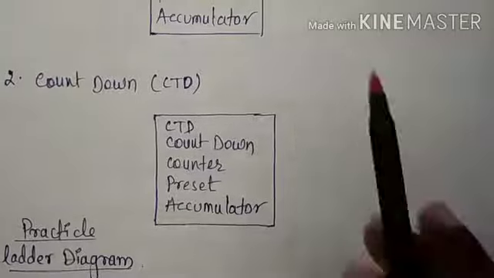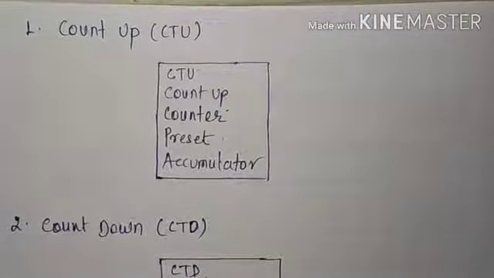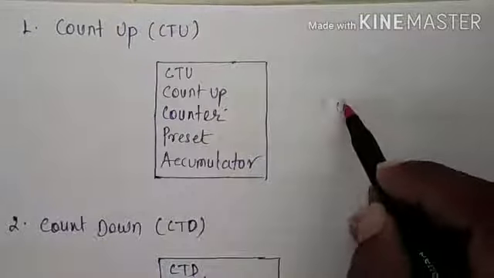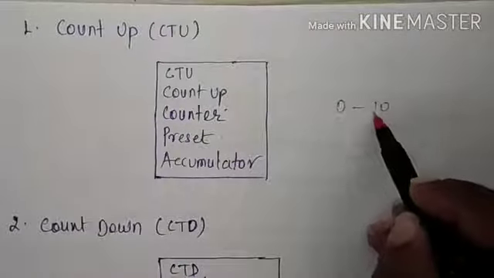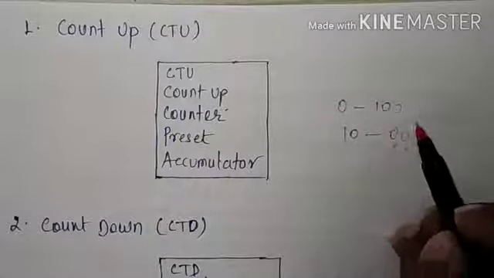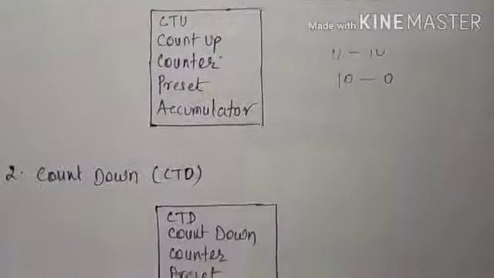These are the two counter diagrams, one for counting up and one for counting down. For example, counting from 0 up to 10, or counting from 10 down to 0. It can be any value.